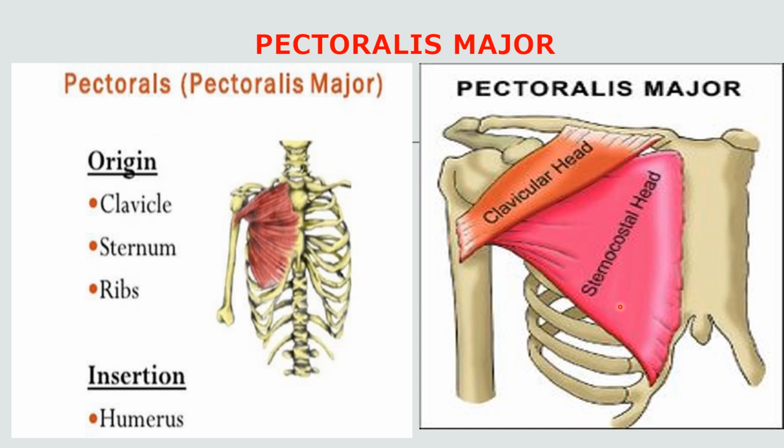These fibers join the posterior lamina in a twisted manner so that the fibers that are lowest at the origin become highest at the insertion. So this you have to remember. So this is about the insertion of the pectoralis major. So origin is over, insertion is over.